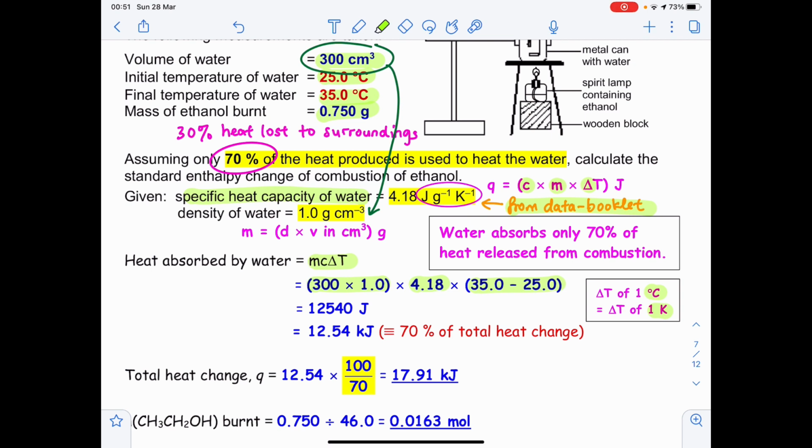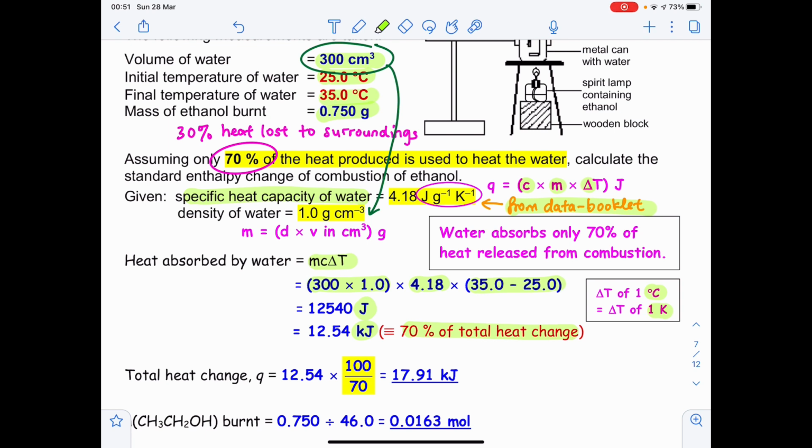And the calculated Q will be in joules. Convert to kilojoules, that is 12.54 kilojoules. And you are told that this corresponds to only 70% of the total heat change, because only 70% of heat produced is used to heat the water.